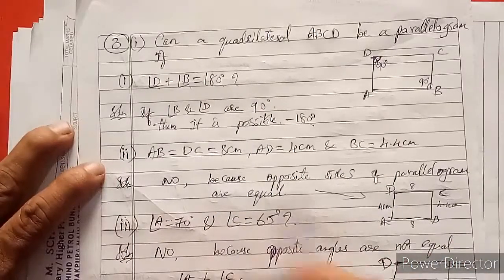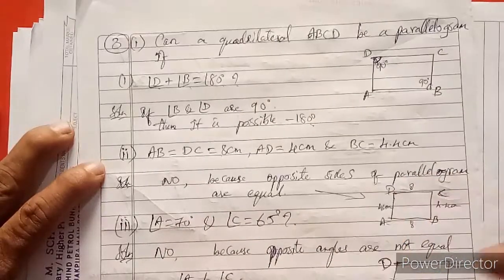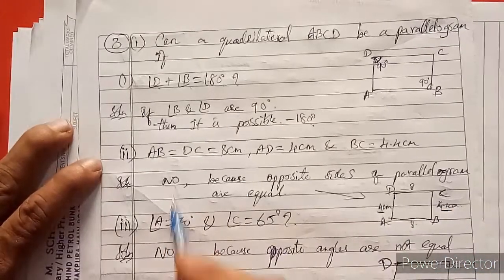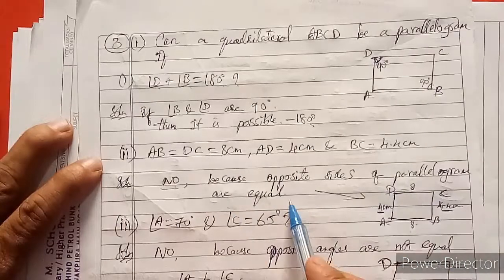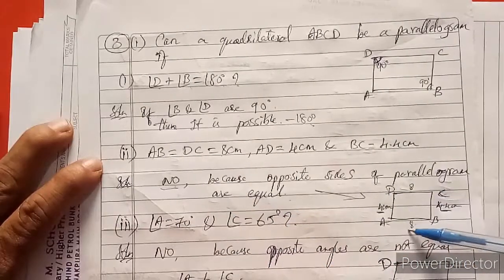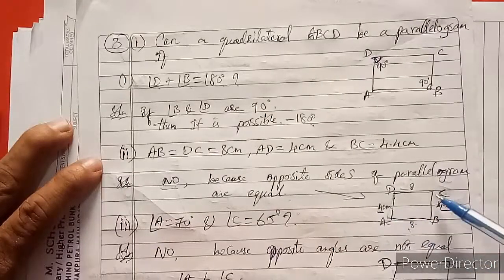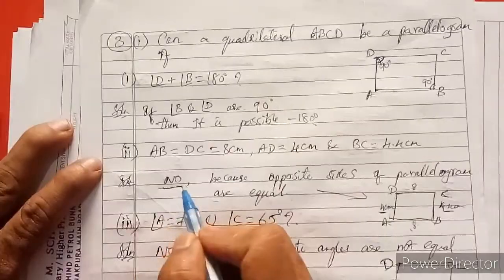According to the parallelogram we know that opposite sides are equal, but here it is 4 centimeters and here 4.4 centimeters, so it is not possible. No, because opposite sides of a parallelogram are equal. This side is equal to this side, we get 8 centimeters and 8 centimeters, but here 4 and here 4.4, so it is not possible. This answer we can say is no, right?